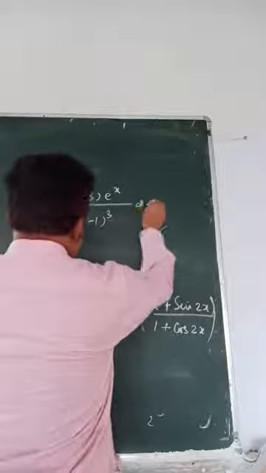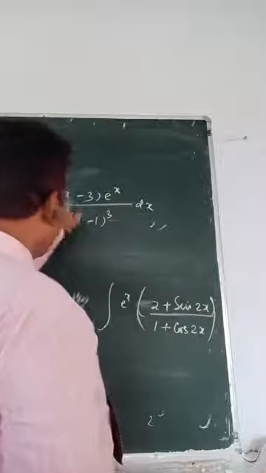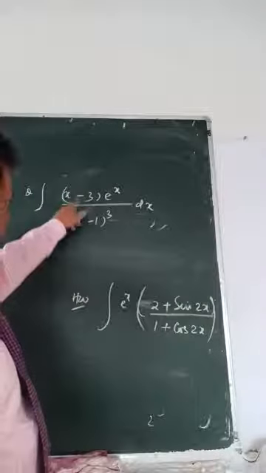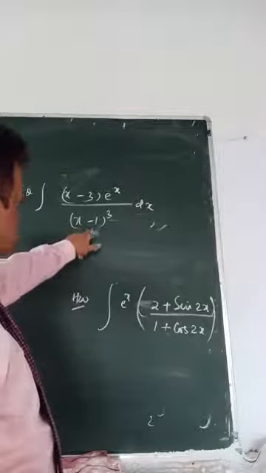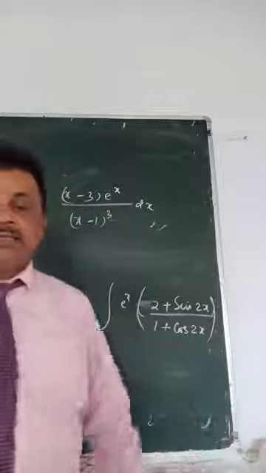It looks like e to the power x is there, so it will go to a cancellation method. Only thing we have to arrange it. How can you arrange? Now you should get x minus 1 factor here. Then only it will get cancelled, will get separated.